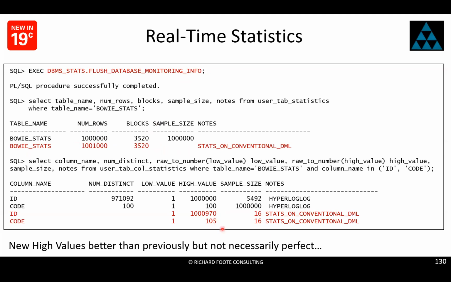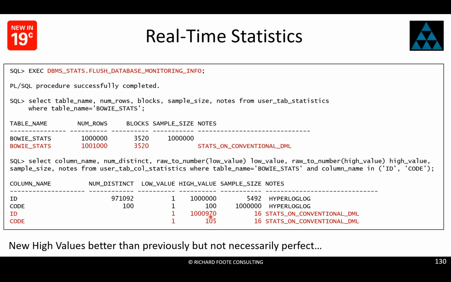So what I want to emphasize here is that the maximum, and this also happens to minimums, if you were to insert new minimums, it's not necessarily spot on. But it's better than being totally out of date. It depends how it gets sampled. So it's better, it's not perfect, which means you can't stake your life on that value absolutely being the maximum value, but at least it's better than it was before.